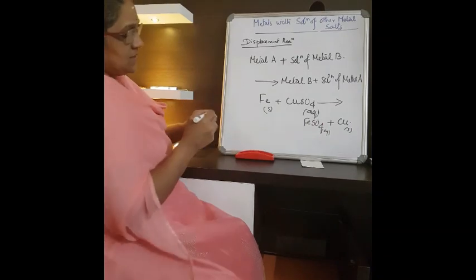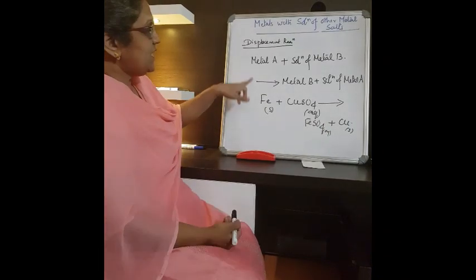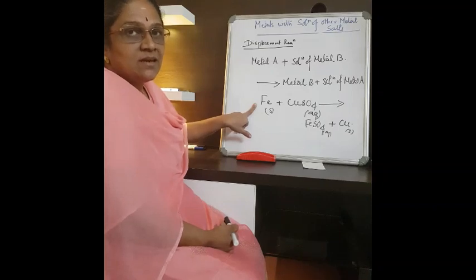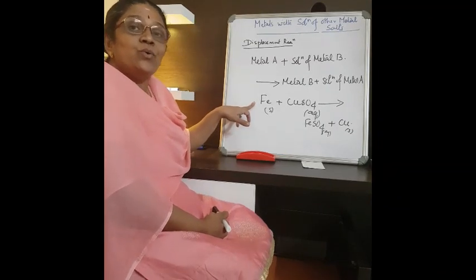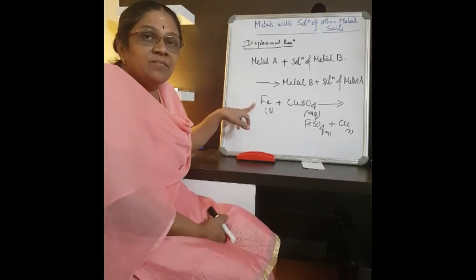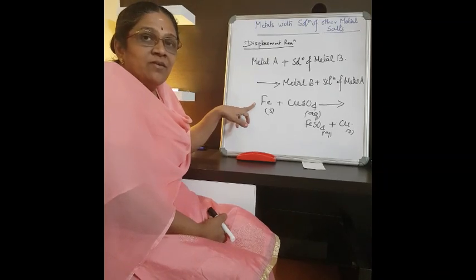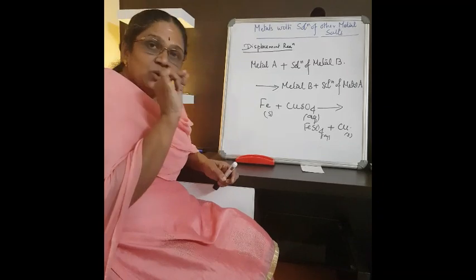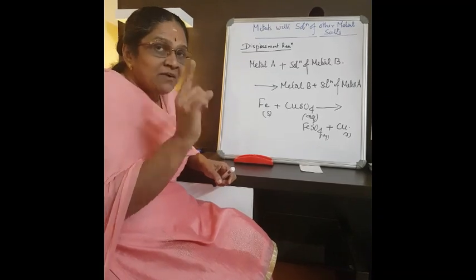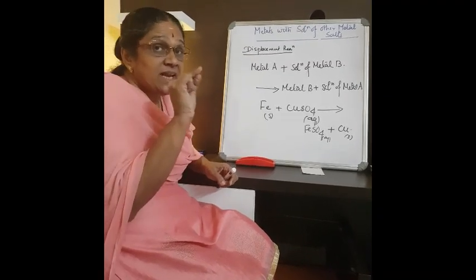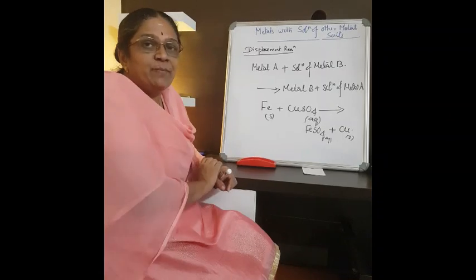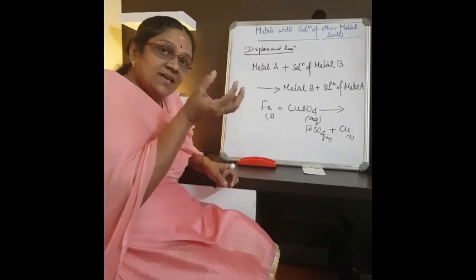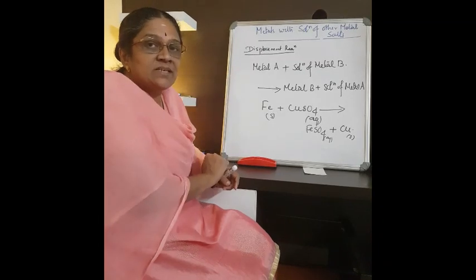You remember you have studied this equation in displacement reaction, isn't it? Now there, how do you define the displacement reaction? We define the displacement reaction as a reaction in which a highly reactive metal displaces a less reactive metal, isn't it? So the definition itself is stating the reactivity of that metal.